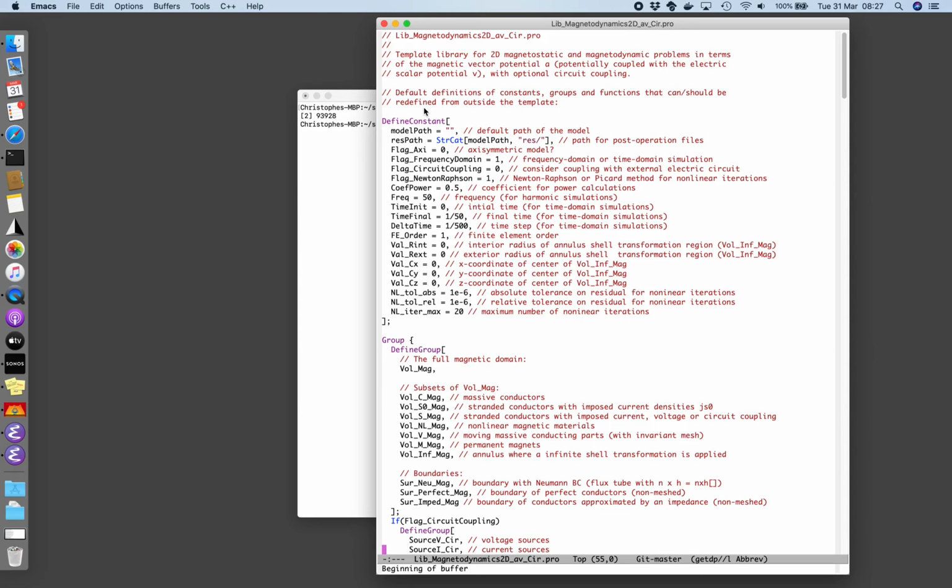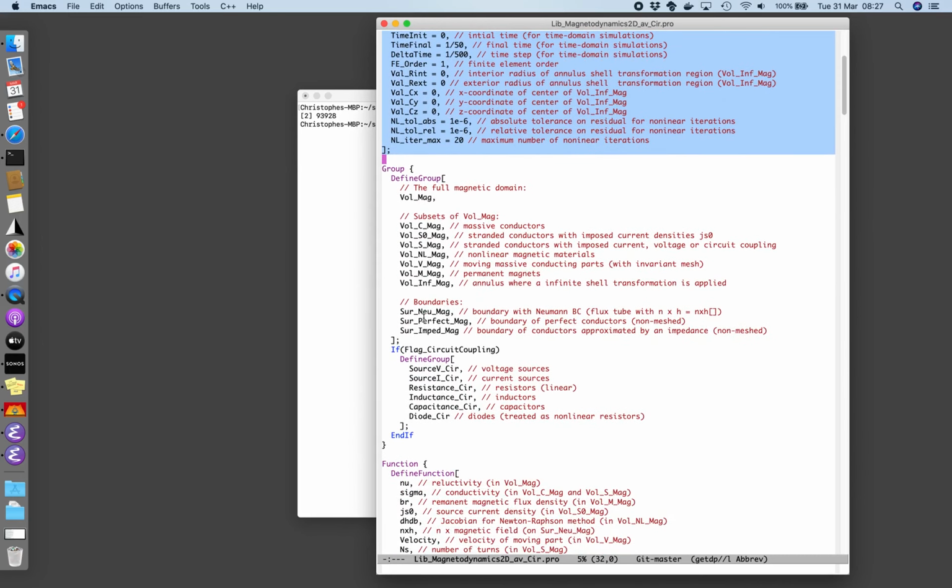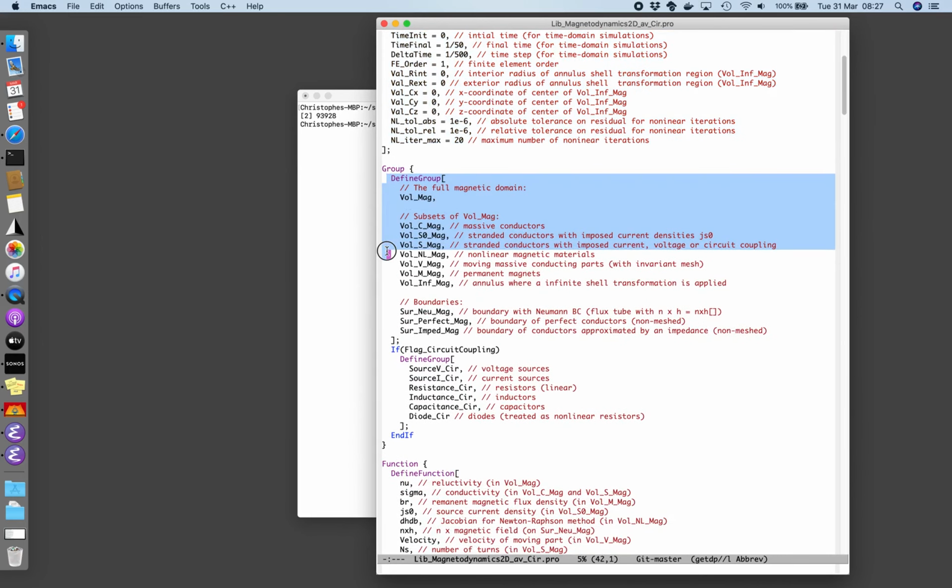Well, don't, right? But you could almost forget what we learned last week and just use this library as a black box by defining these parameters that I will describe now. We have some constants that will govern the way the library works. And then we have, on the one side, groups that we need to fill.